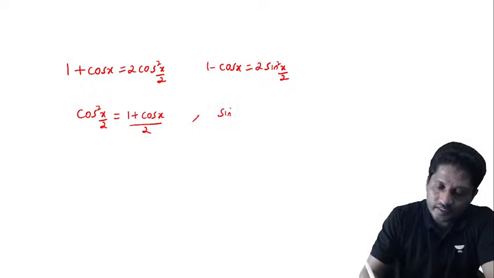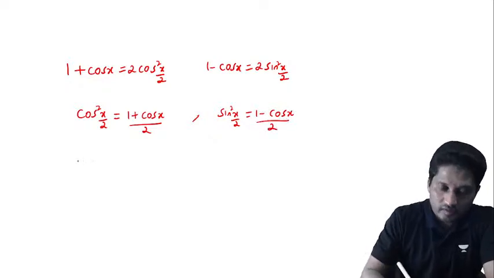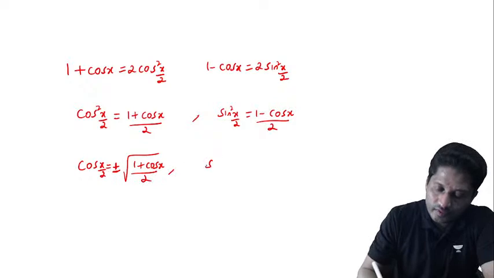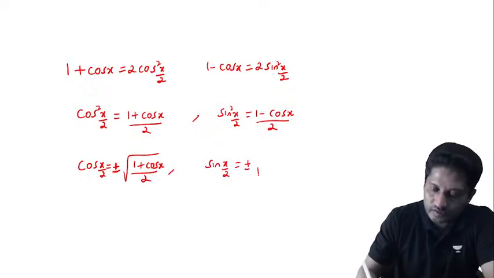And sin square x by 2 is equal to 1 minus cos x whole divided by 2. Now cos x by 2 half angle formula is equal to plus minus root of 1 plus cos x by 2, and sin x by 2 is equal to plus minus root of 1 minus cos x upon 2.